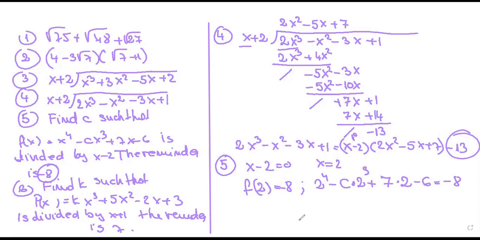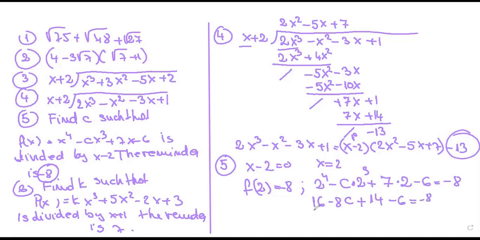The only unknown here is C. Now, 2 to the power of 4 is 16, minus 8c plus 14 minus 6, equals minus 8.